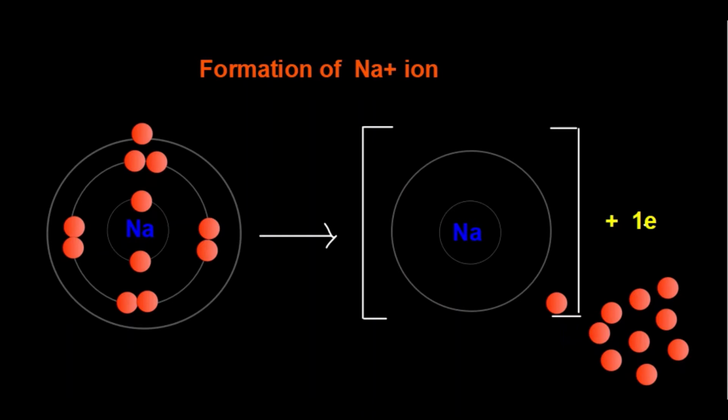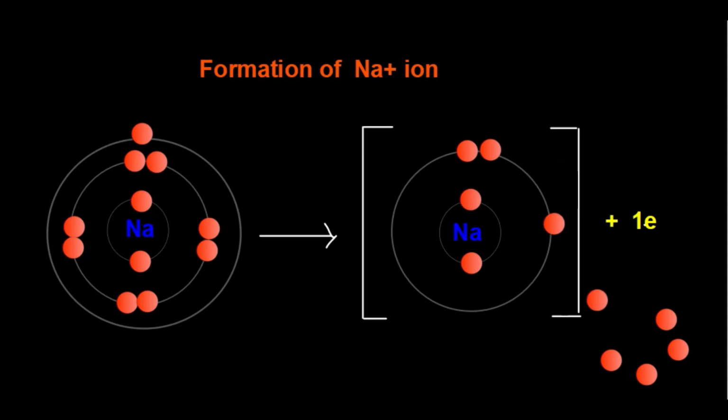Now in a chemical reaction, sodium changes to sodium ion after the loss of one electron. This is the electron which is present in the valence shell of sodium. When sodium loses this electron, the valence shell, which is the M shell, is finished and sodium just has 2 shells, the K shell and the L shell. In the K shell, sodium has 2 electrons, and in the L shell there would be 8 electrons.